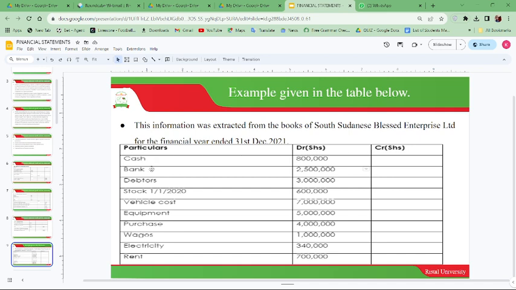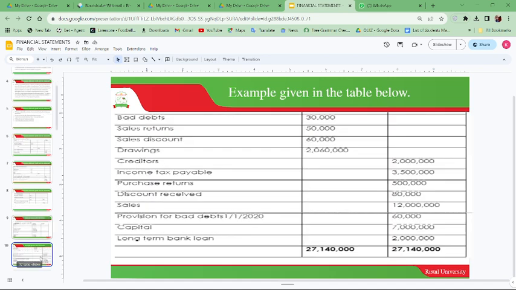We are given cash, bank, debtors, stock, vehicle, equipment, purchases, wages, electricity, rent, bad debts, sales returns, sales discount, drawings, creditors, income tax payable, purchases returns, discount received, sales, provision for bad debts, capital, and long-term bank loan.